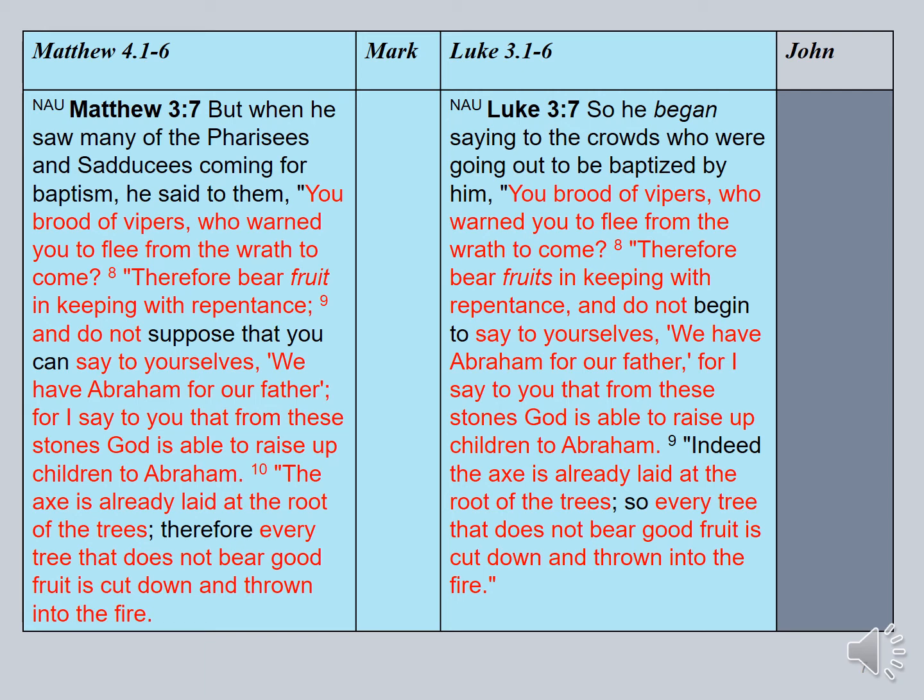The suggestion is that the Q community existed very early on, produced their work before Mark's Gospel was even written, probably in the 50s, the argument goes, and that they didn't really see Jesus' death as very significant, and they didn't believe in Jesus' resurrection.